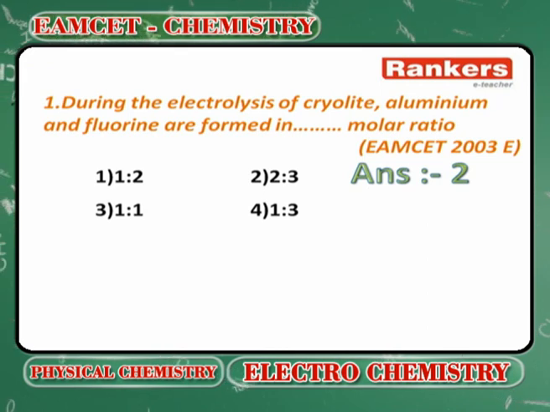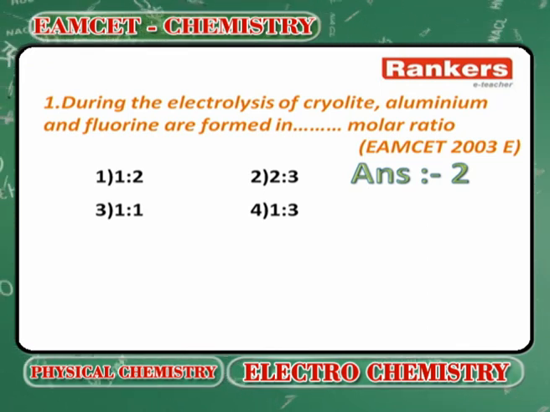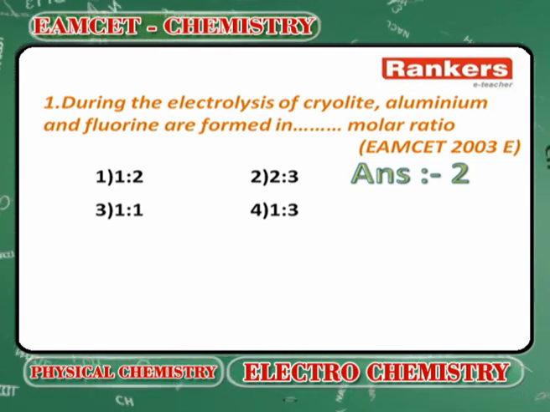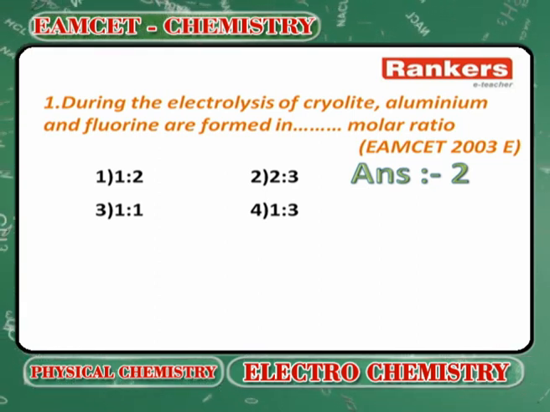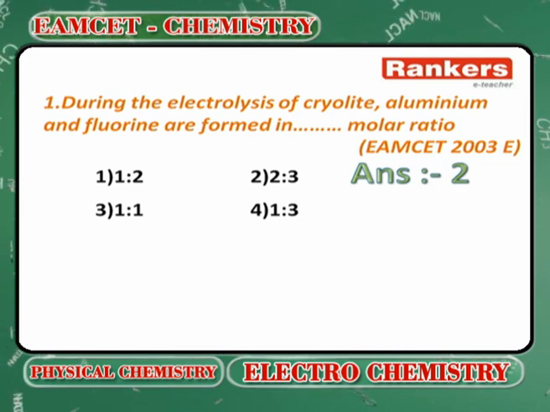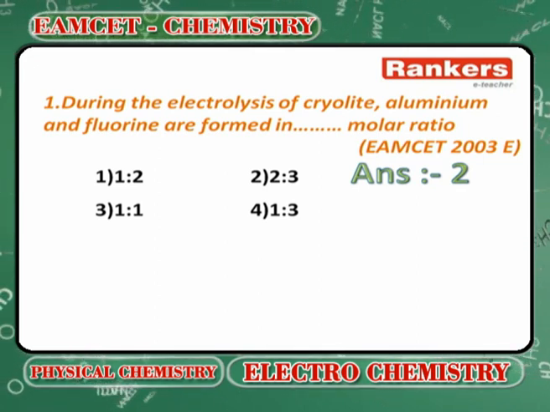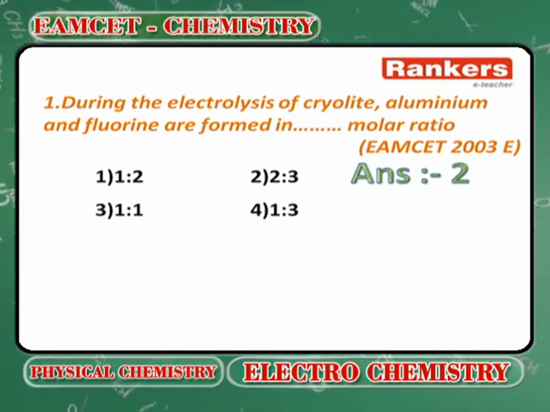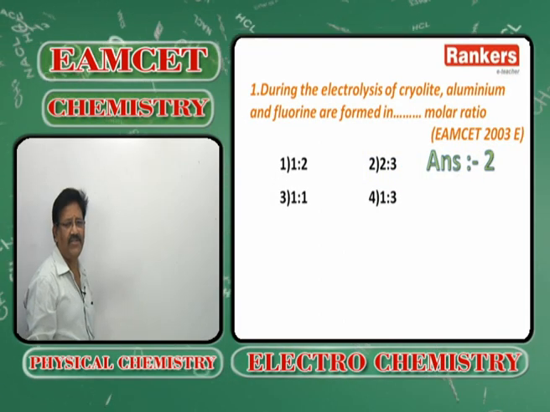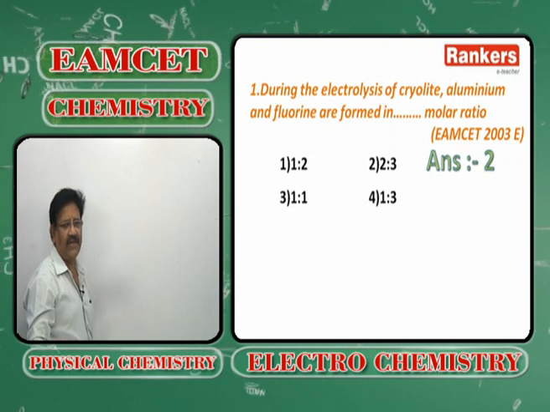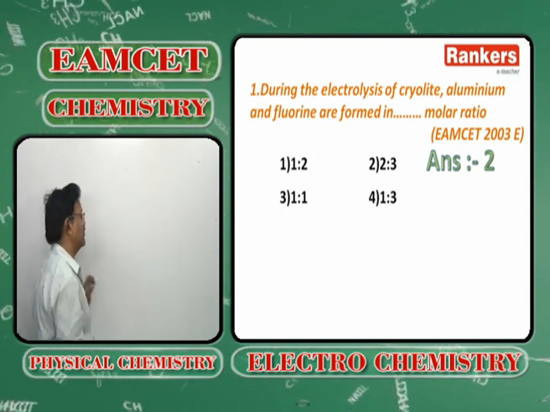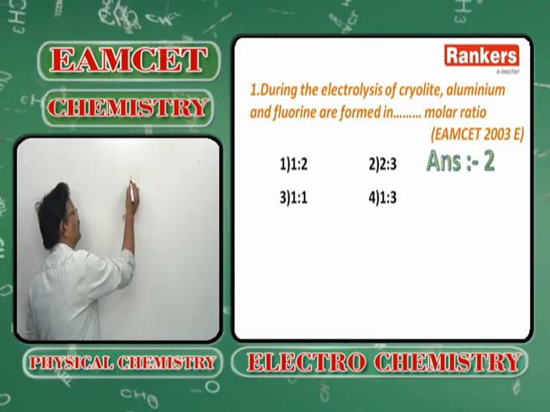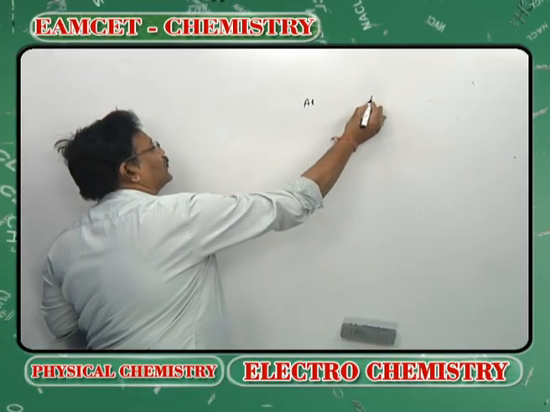During the electrolysis of cryolite, aluminum and fluorine are formed. And what is the molar ratio? For the same quantity of electricity, we are comparing aluminum and fluorine.